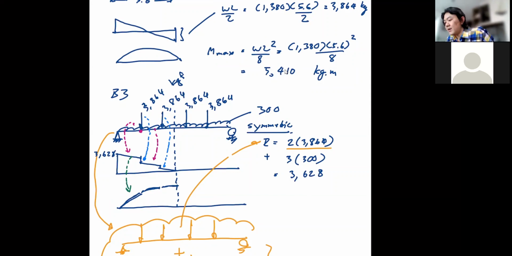And the tributary width of the B2, that's 1.2 meters, right? So that means this is 1.2. So can you calculate this next number quickly? Oh yeah, shear force and bending moment diagram.